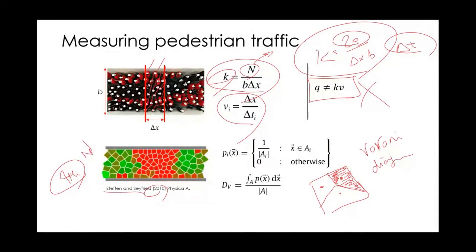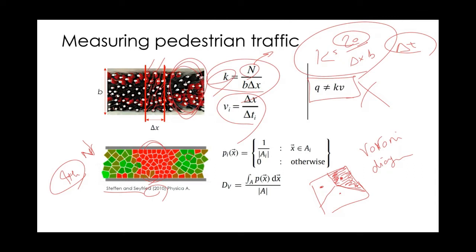So look at this green and red diagram here. All these polygons you see are the Voronoi diagram around each pedestrian. In areas where there are a lot of pedestrians, the Voronoi cells around each pedestrian are small, whereas here, for example, the density is a little bit smaller, and you can see the polygons are larger as well.